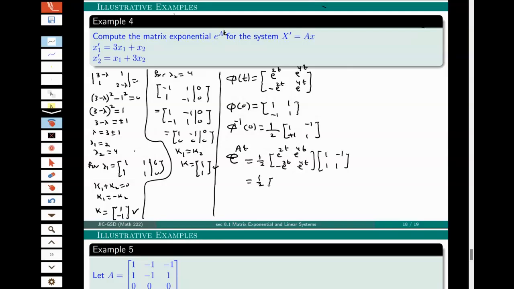When we multiply this, first row by first column, it will be e to the power 2t plus e to the power 4t. First row by second column, it will be minus e to the power 2t plus e to the power 4t.